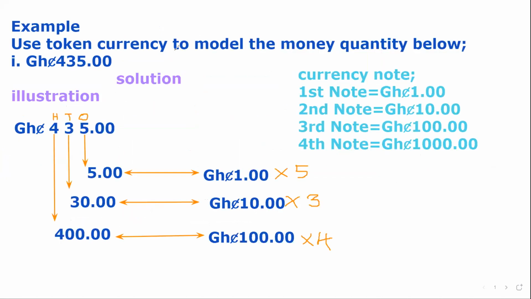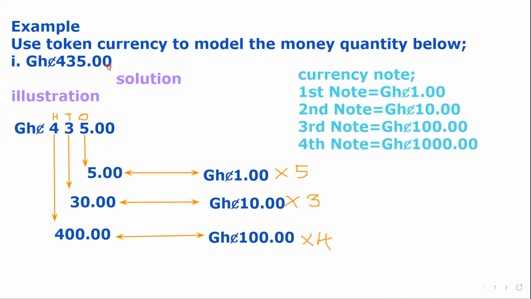Example, use token currency to model the money quantity below. The money quantity, the amount, is in money form. That is why this one is 435 Ghana cedi. After then, we said you check the last digit of the money. 0.00 does not make any impact to the currency.